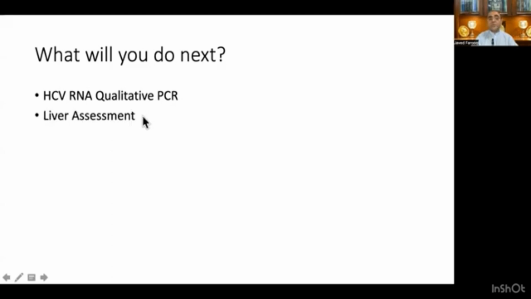Of course, you will do the liver assessment, whether the patient's liver is normal, insignificant fibrosis, or significant fibrosis. I have shared a couple of videos on this with you. And clinically, these are the clinical examination, the ultrasound, the APRI and FIB-4 scoring, and if possible, the FibroScan elastography.